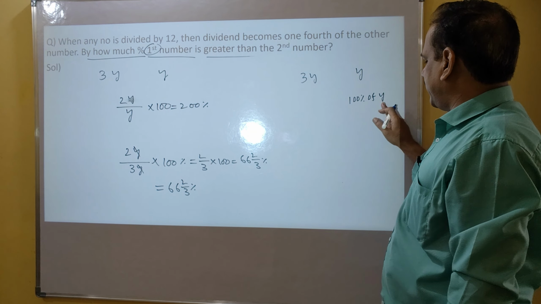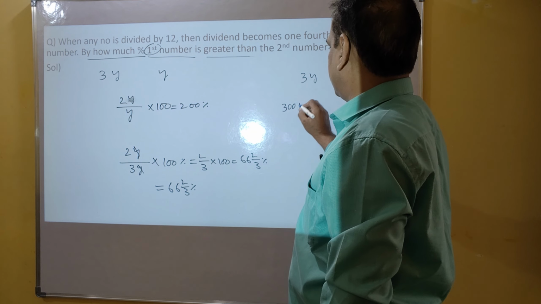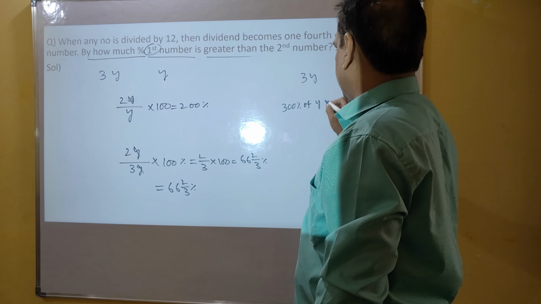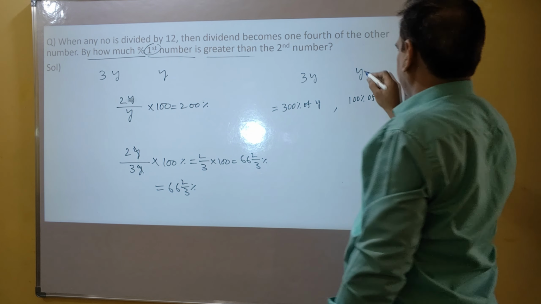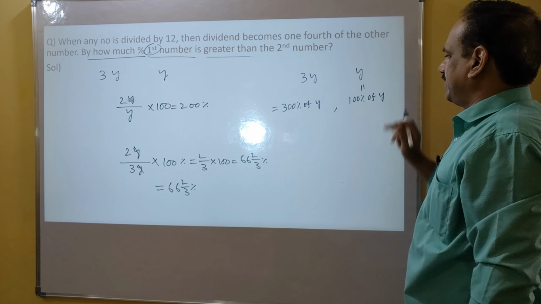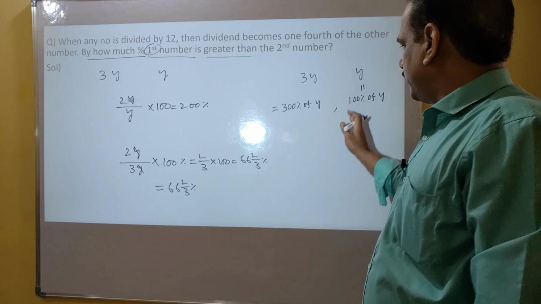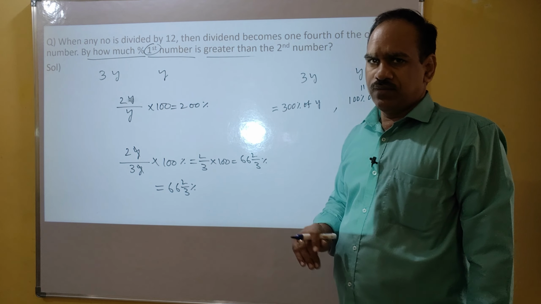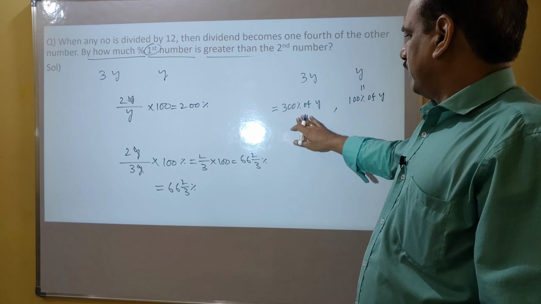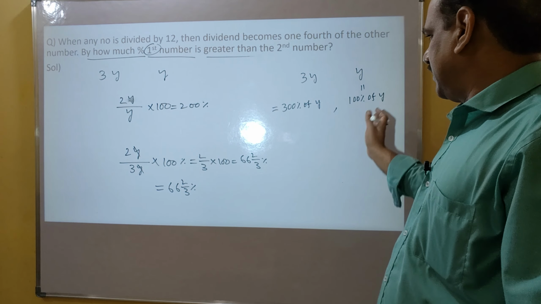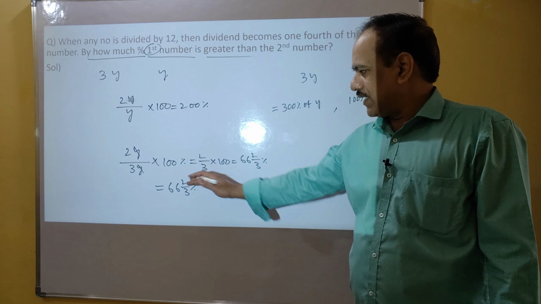So 100% of y is y. What is 3y? 3y is equal to 300% of y. Y is equal to 100% of y. So how much more is it? 200% more. So like that you can find when it is more. You are comparing with the first number, but it doesn't work in the reverse direction. So you have to calculate like this.